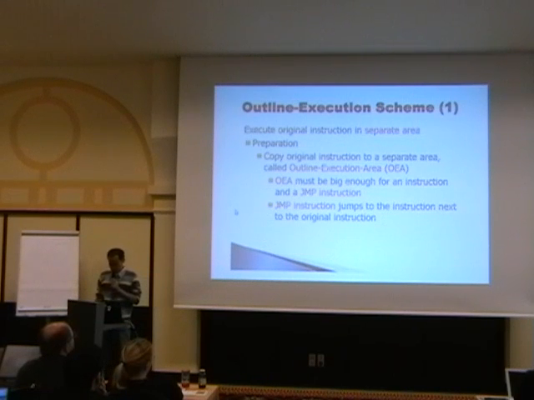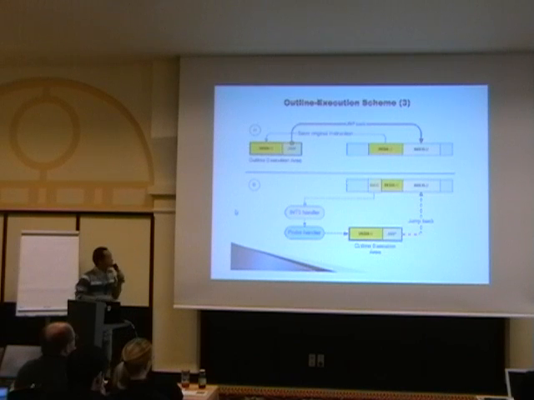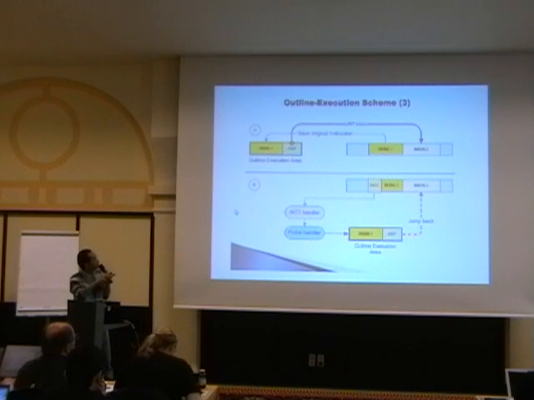Okay, the other scheme is called the outline scheme. The outline scheme is different from the inline scheme in that it runs the original instruction in another place, not in the original place. So here's how it works. In the preparation step, we copy the instruction that we will override with CC into a buffer, which we call the outline execution buffer.